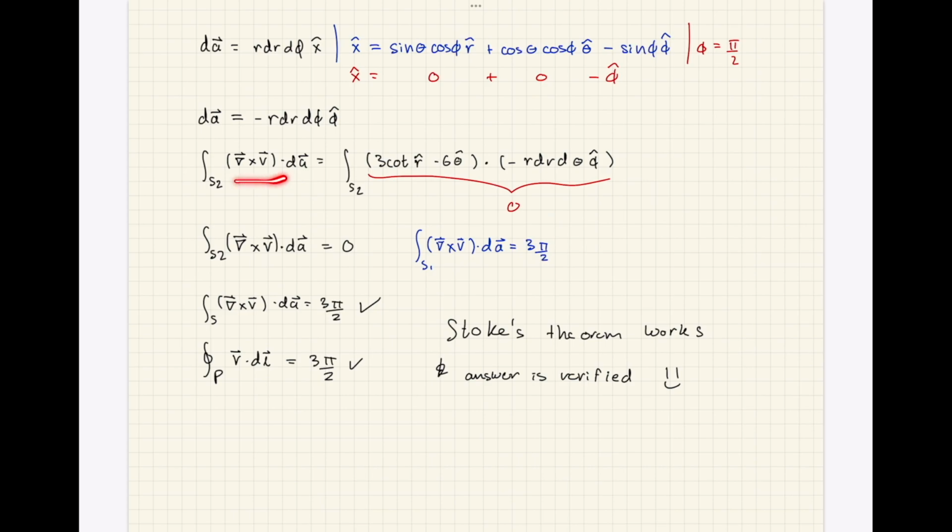And after dotting my curl with the elemental area, this entire dot product is 0. When I add both of my fluxes, the flux over surface 1 and flux over surface 2, I get 3 pi halves, which is also what my path integral worked out to be. So Stokes' theorem works, and our answer is verified. Thank you.